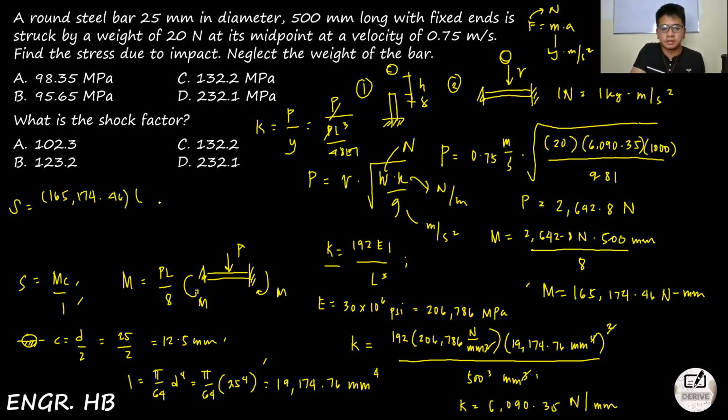So this will become, lagay ko lang unit, Newton mm times C, which is 12.5 mm, and the moment of inertia of 19,174.76 mm raised to 4. So this is mm times mm squared divided by mm4. So may matitira sa ilalim. So that will become Newton per mm squared or megapascal.